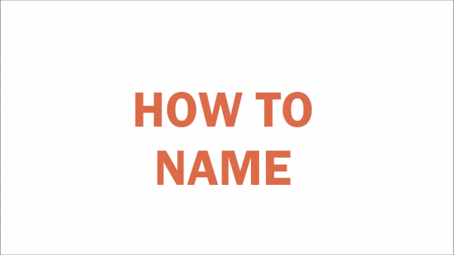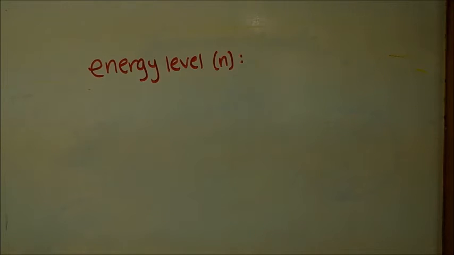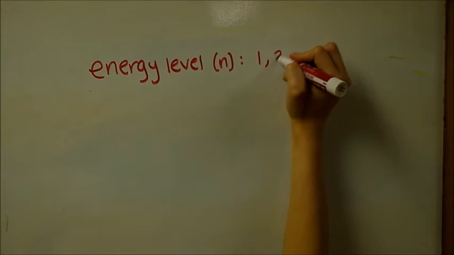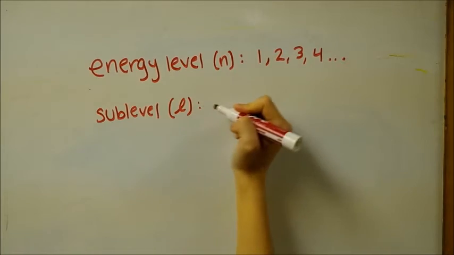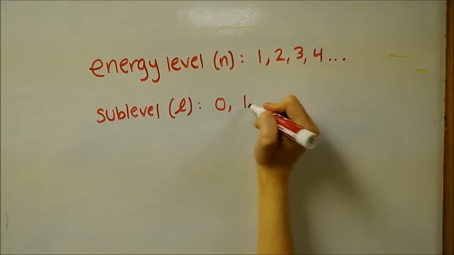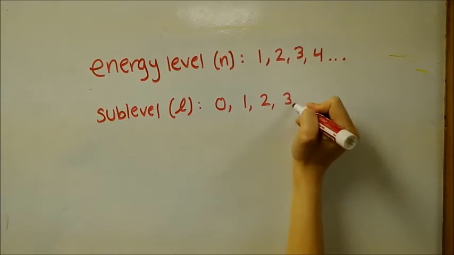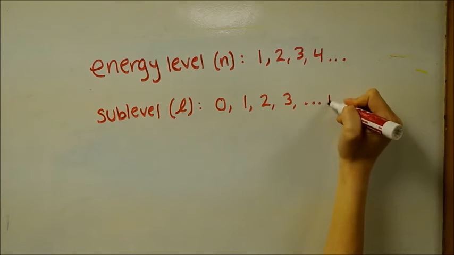Here's how we name these different parts. Energy level is represented by the letter N. N can equal 1, 2, 3, 4, and so on. Earlier, we said that sublevels are represented by the letters S, P, D, and F, but they can also be represented by numbers.